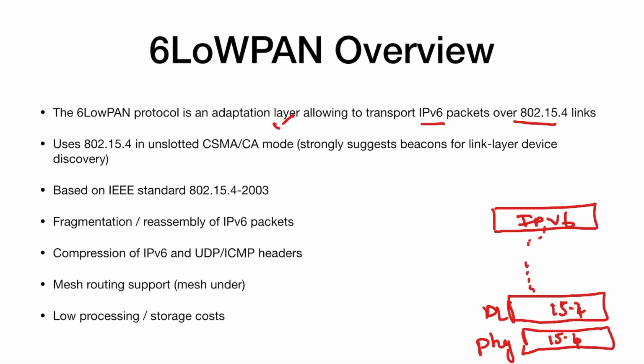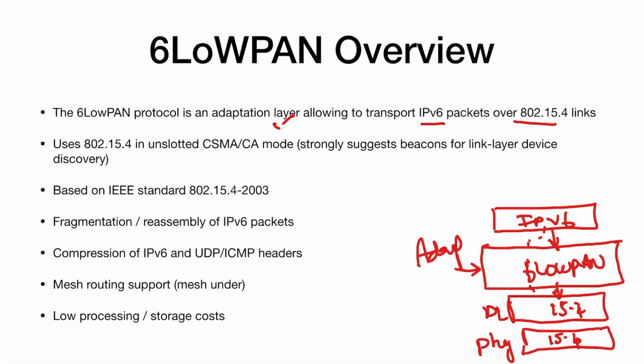In that case, we need a buffer here, and this buffer we call 6LoWPAN. We have already discussed this. IP version 6 over the data link happens via this, which is called the adaptation layer. This is why we need an adaptation layer here.